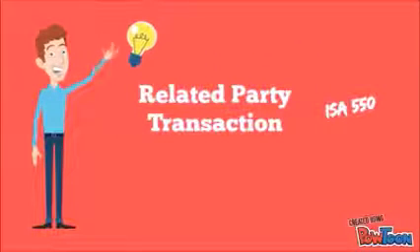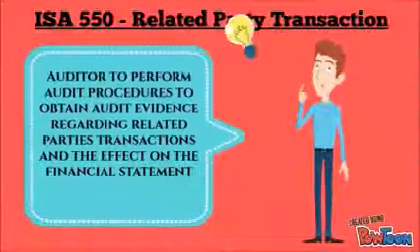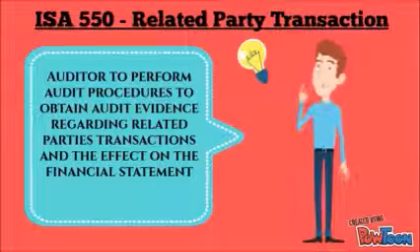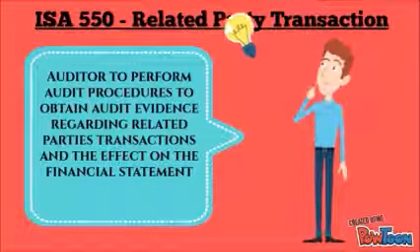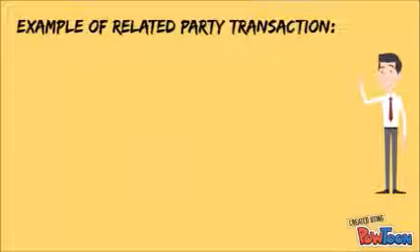Now let's talk about related party transactions based on ISA 550. Auditors should perform audit procedures in order to obtain audit evidence regarding related party transactions and their effect on the financial statements. Examples of related party transactions: 1.